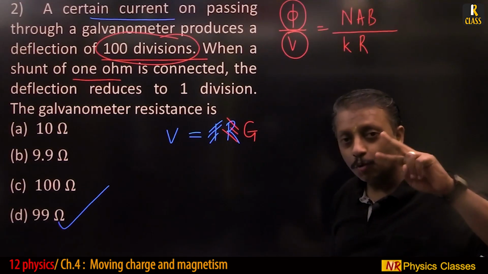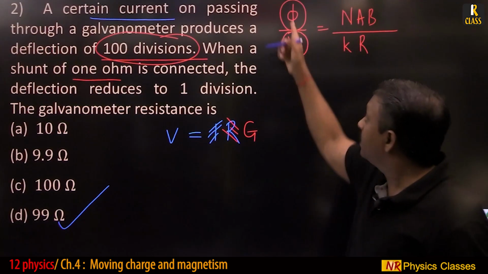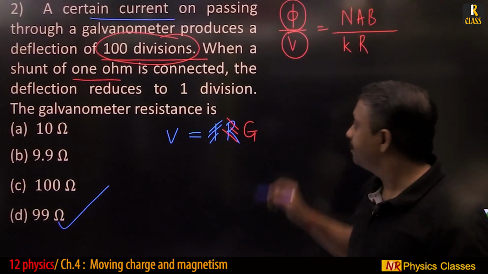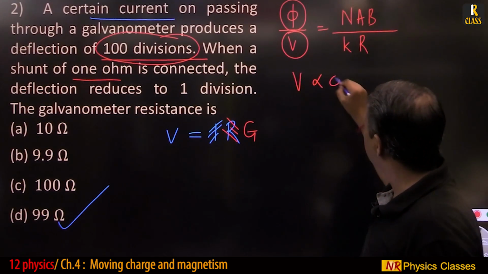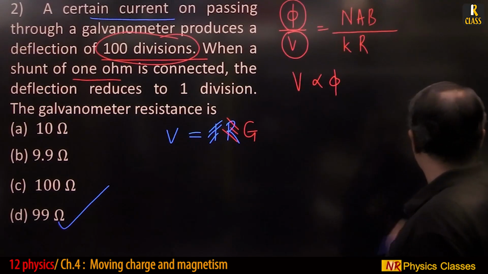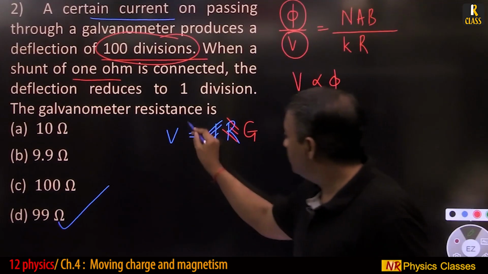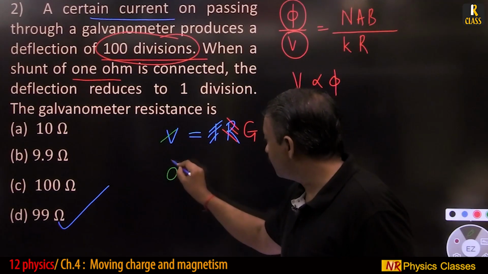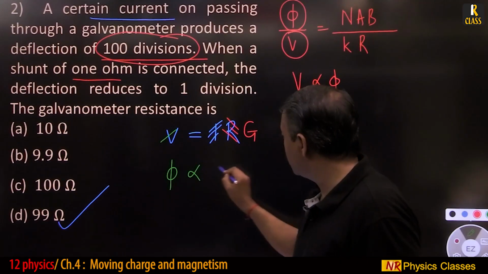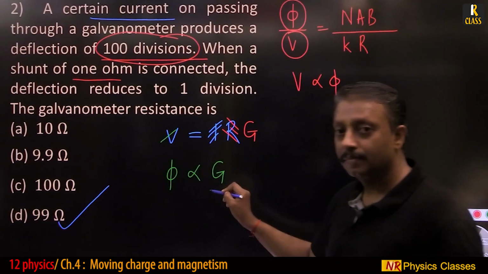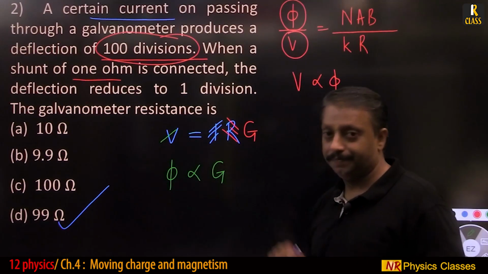If ratio of two quantities is a constant, then these two are directly proportional. V is directly proportional to phi, where phi is deflection, proportional to G. That's why I used this.